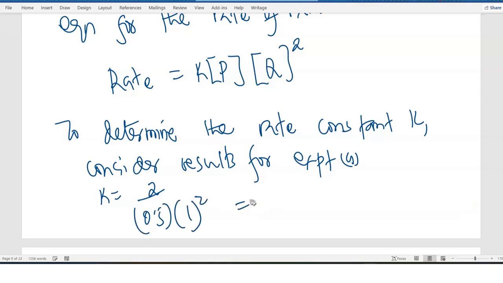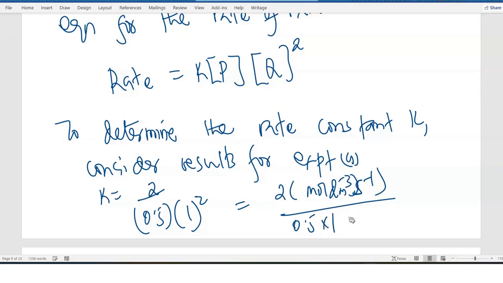Remember the rate is 2 in moles per decimeter cubed per second divided by 0.5 times 1 in mole cubed decimeter to power 9, and yeah, so that is how it is going to be.